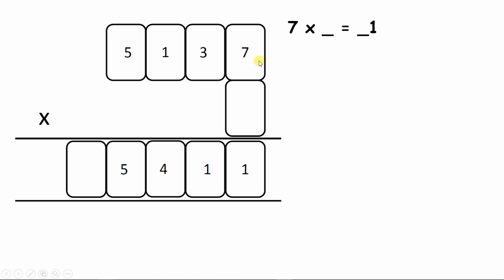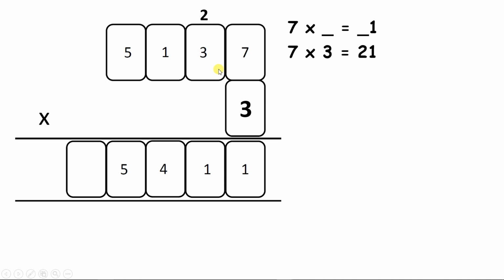Now the only single digit you can multiply by 7 to get a units digit of 1 is 3, and 7 times 3 is 21, so they must have carried the 2 from their answer of 21.